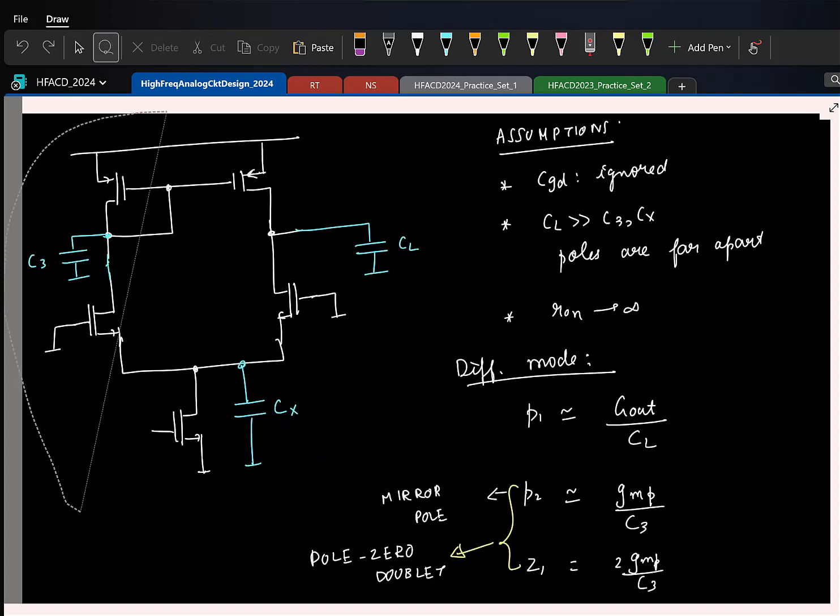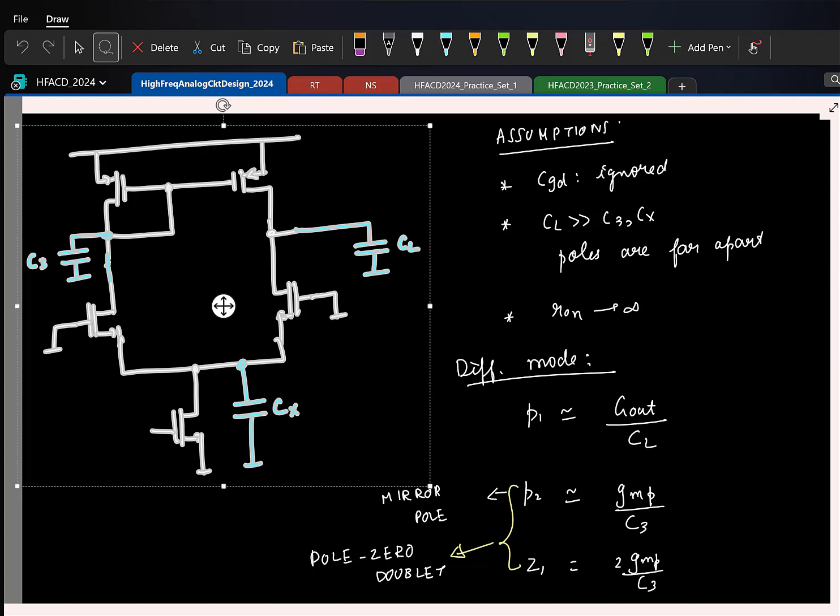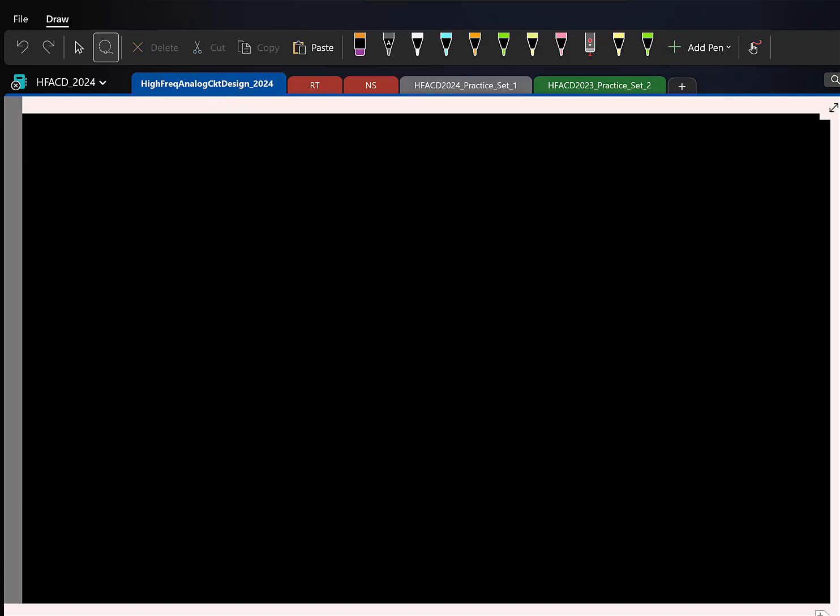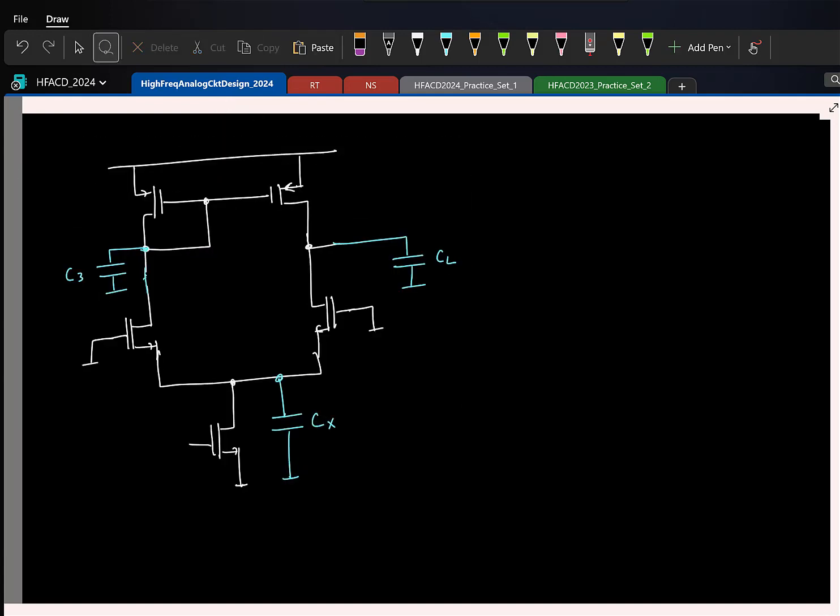In the last class, we looked at poles and zeros in this 5 transistor OTA. So let me quickly do that. In particular, we looked at poles and zeros in the differential mode, wherein I apply a truly differential excitation like this. We made a couple of assumptions. The first assumption was that we ignored the CGD for the transistors.